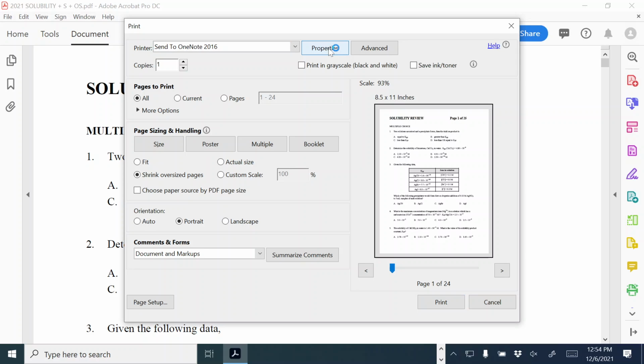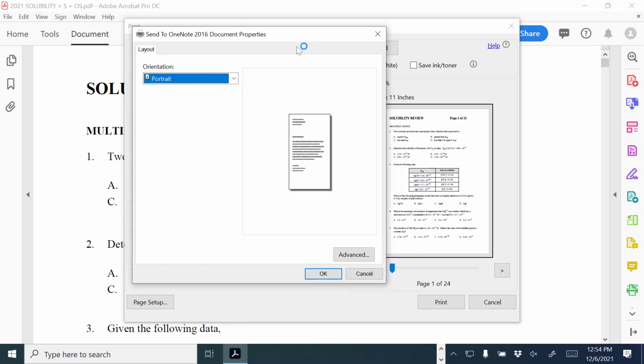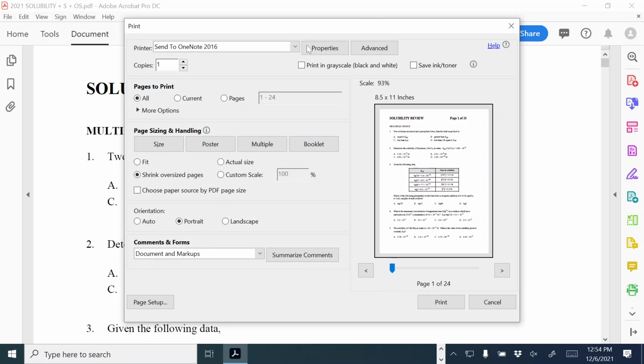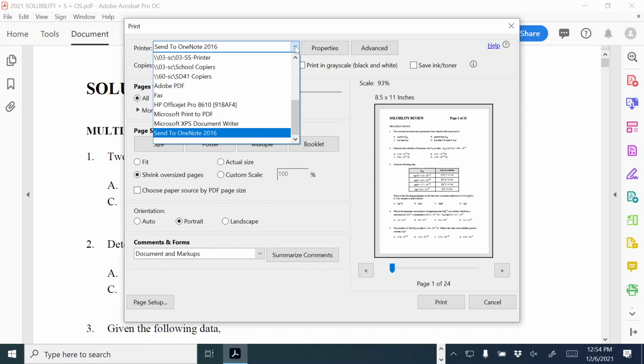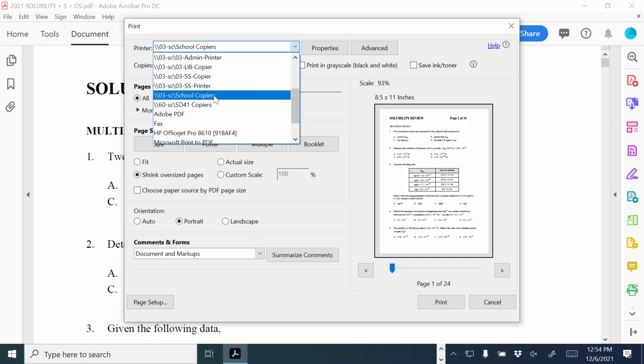Unfortunately, I can't send it to you. I don't want it to go to OneNote. I want it to go somewhere else. This is why when I say I'll just print something for you, it takes me so long, because every little step takes so long. School copiers. See, I've clicked on it and nothing's happening.